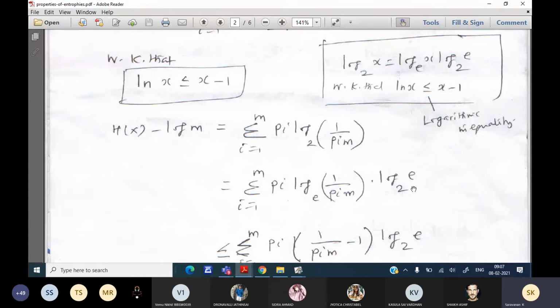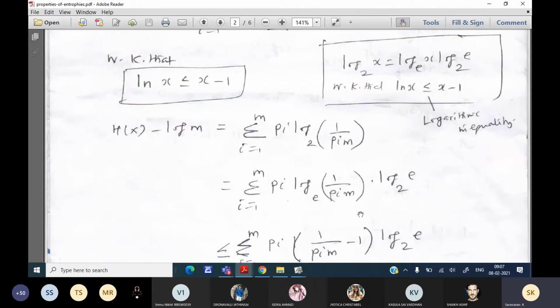After substituting this, I can take log e base 2 outside, and this natural log can be replaced by this expression. I'm going to replace the equal to symbol because I'm replacing this by x minus 1, so I can replace that equal symbol simply by less than or equal to.